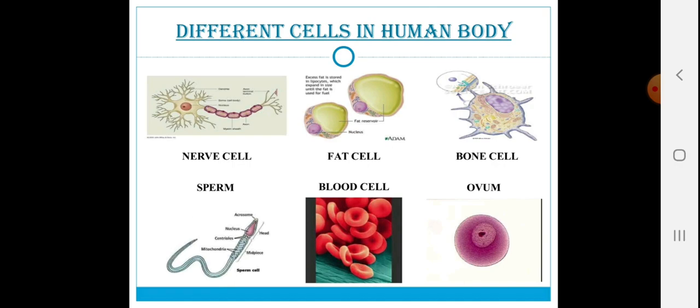Sperm is part of the male reproductive system. Fifth is blood cells, these are images of red blood cells, RBC. And the sixth image is of the ovum, or egg. It is part of the female reproductive system. So here are the different cells in the human body and how they look.